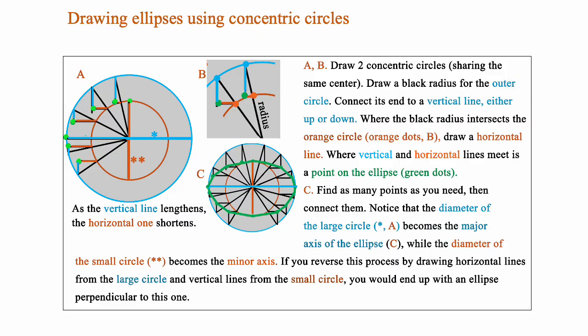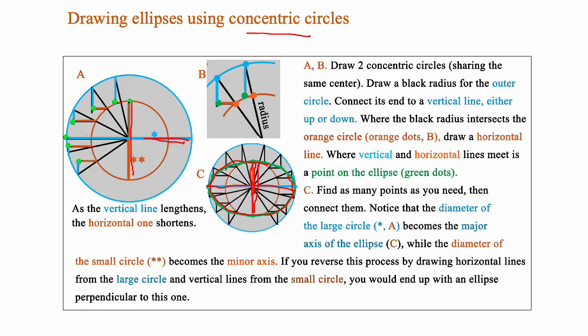This method uses two concentric circles, and the resulting ellipse lies inside one of the circles and outside the other. The major axis of this ellipse that we're going to get is as long as the diameter of the big circle. The minor axis of this ellipse is as long as the diameter of the small circle.